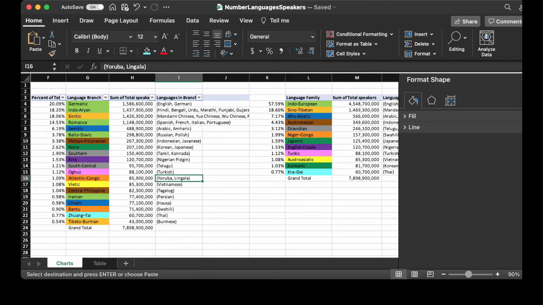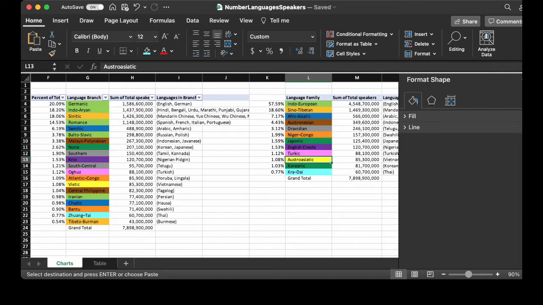Some of these only had one language in a language family, so the Austroasiatic language family had Vietic, which Vietnamese was a part of. The Turkic language family had Oghuz as a language branch which Turkish was a part of.